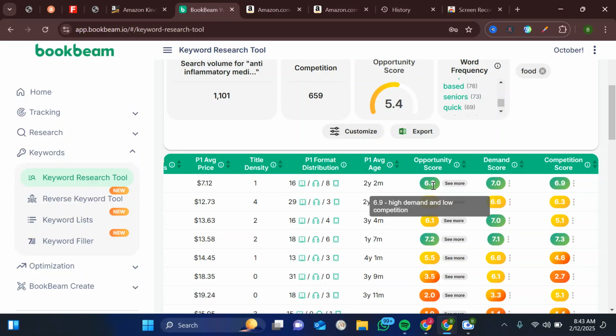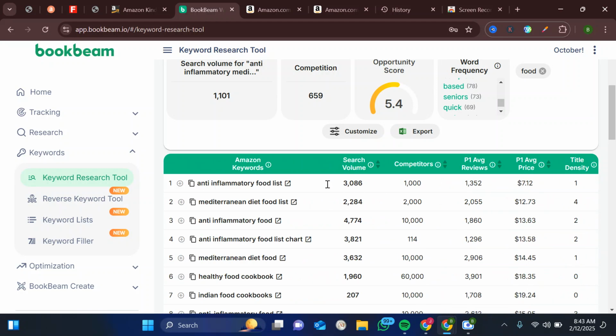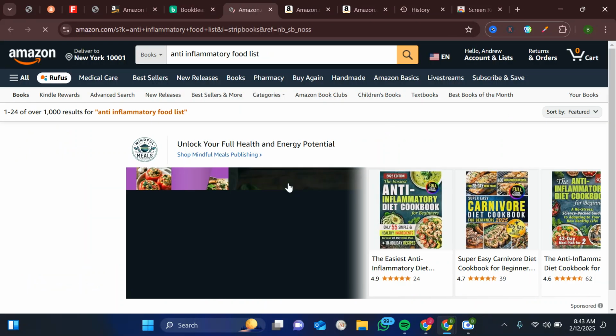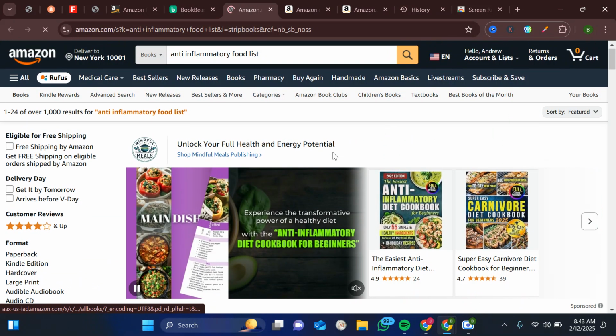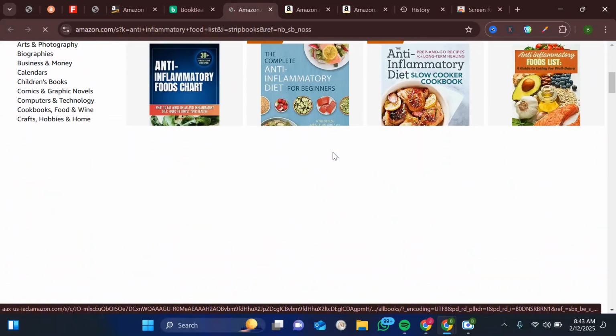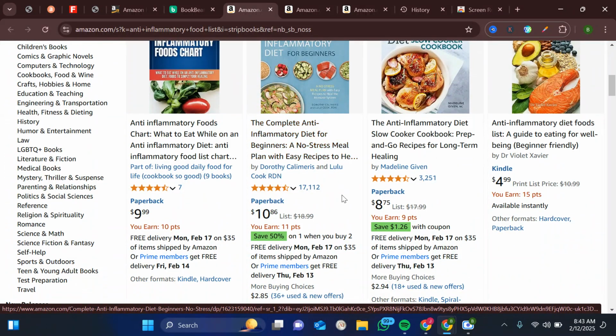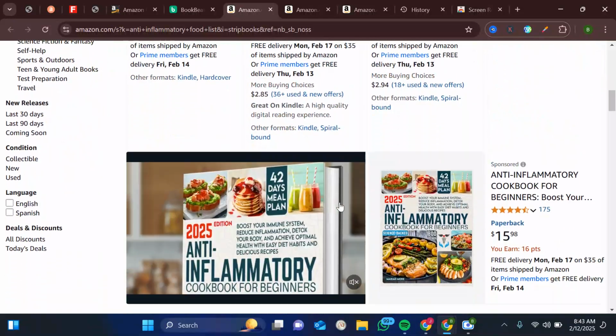Look at it. Very high demand and low competition. This is perfect to go for, very, very perfect to go for.